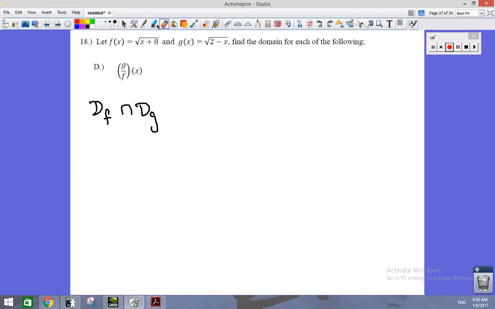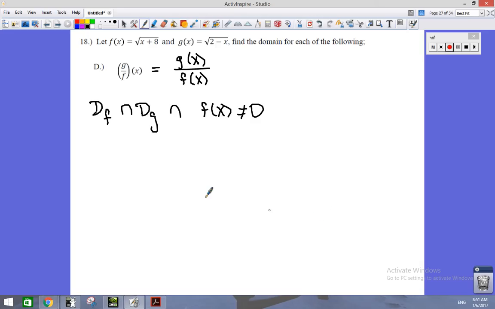But now, I'm still concerned with the denominator, with division by 0, only this time, my function f is in the denominator. I have to make sure that f of x is never equal to 0.